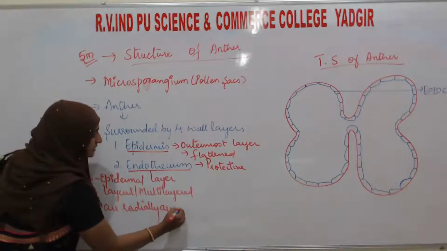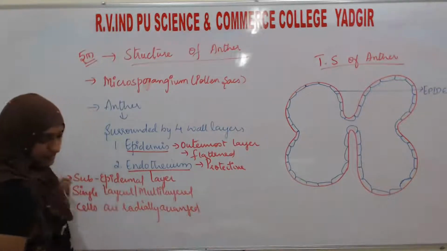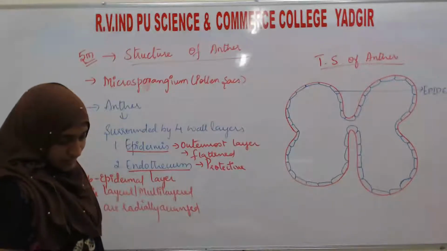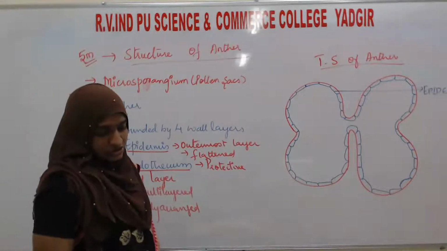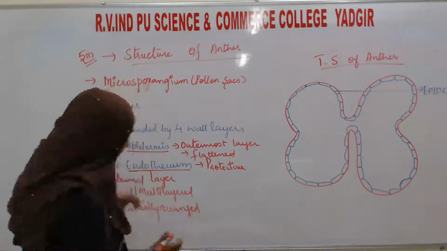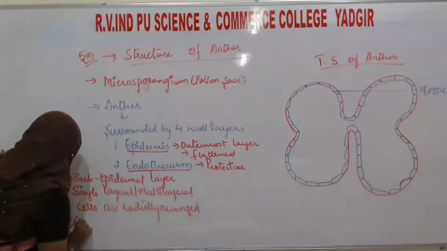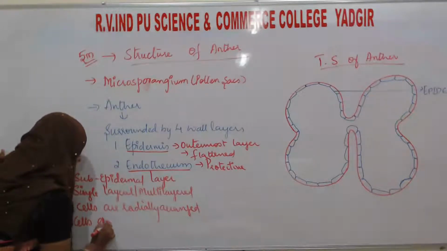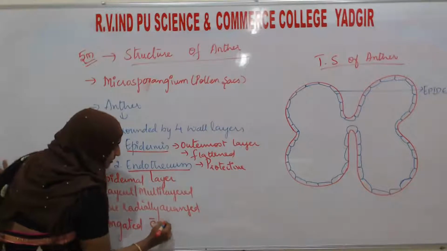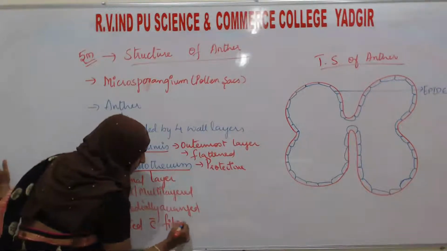How are the cells arranged? The cells are radially arranged. In the endothelium, the cells are radially arranged and the cells are elongated with a thickening, and that thickening is the fibrous thickening.